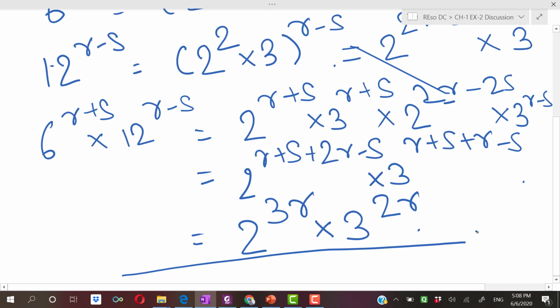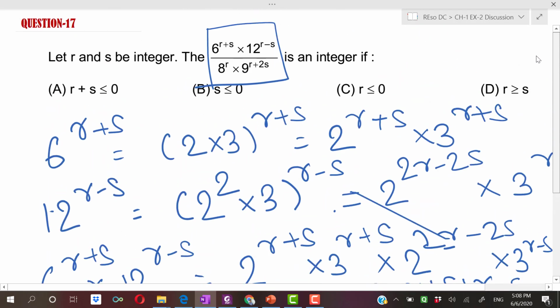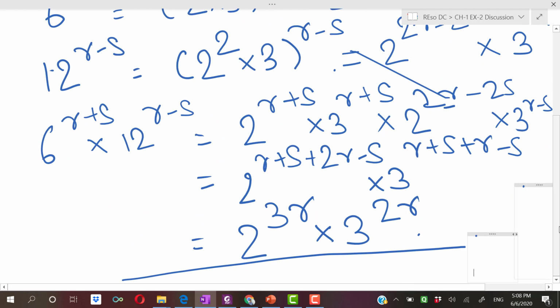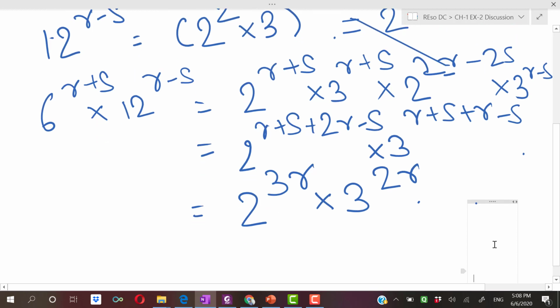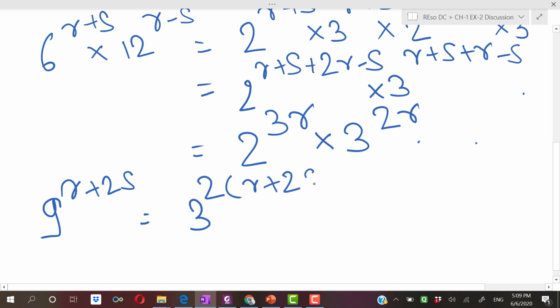Now I will simplify the terms of the denominator. My denominator was 8 raised to the power r into 9 raised to the power r plus 2s. 9 raised to the power r plus 2s is equal to 3 raised to the power 2 into r plus 2s, which is equal to 3 raised to the power 2r plus 4s.